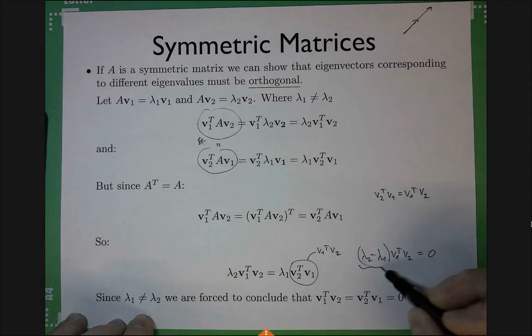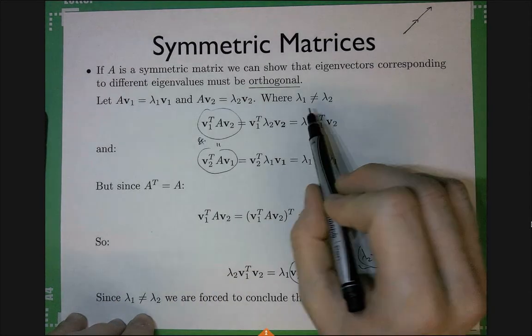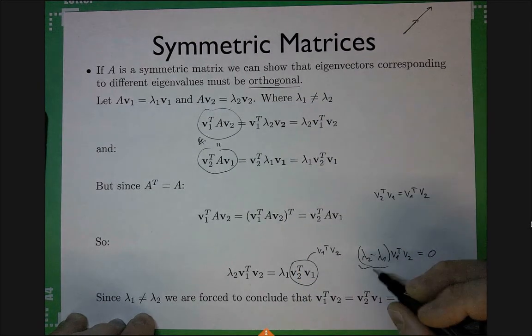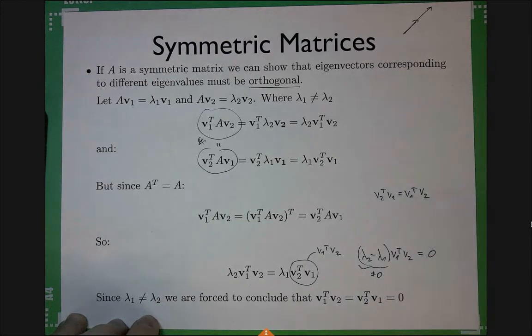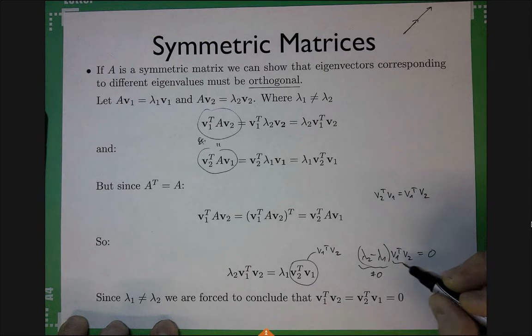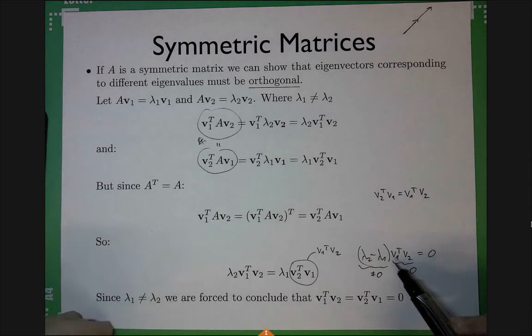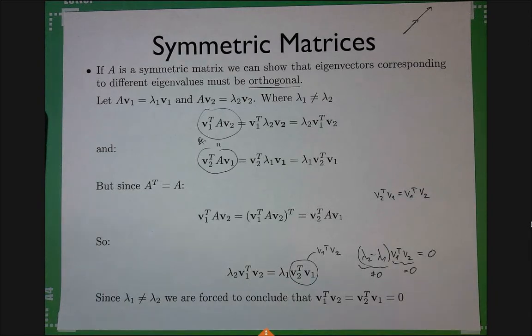But because we assumed at the beginning that lambda 1 is different from lambda 2, that means that this thing is not 0, right? So the only way this equation can be true, and it has to be true, is that this is 0. There's no other way we could satisfy that, right? And V1 transpose V2 being 0, well, that's equivalent to the fact that V1 and V2 are orthogonal.